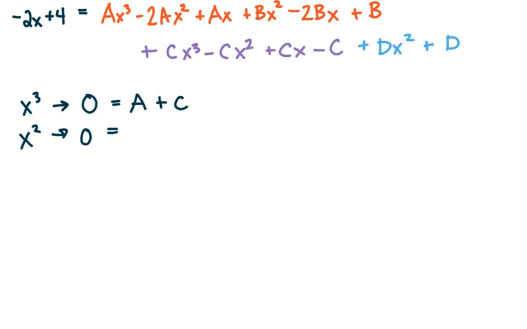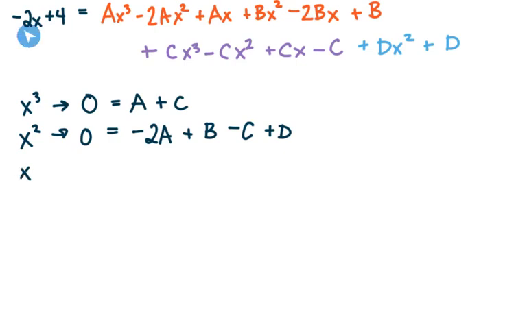I've got negative 2A, B, negative C, and D. So negative 2A plus B minus C plus D. Those are my x squareds.